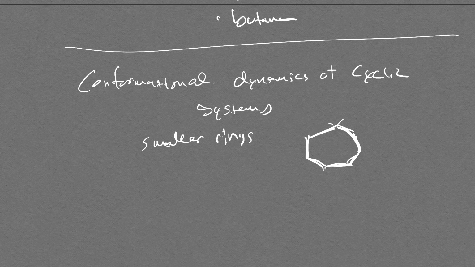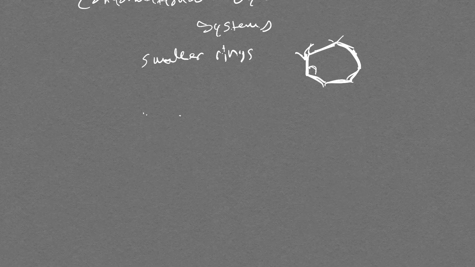You will always have some amount of eclipsing, and you'll never be able to get 109 degrees without some eclipsing in the larger rings. So oddly enough, larger rings don't impart any real stability over cyclohexane. You have to get to some ridiculously large rings that basically start to act like straight chain alkanes. But what you did discover is that cyclohexane really is pretty idyllic in its ability to stay stable.